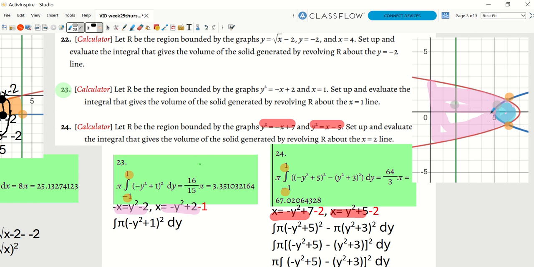Okay, when it comes to the blue graph, whether it's the blue function or the red function, you always have to subtract 2, which is the x value of the green line, to get the distance between the gray. Because we're interested in that distance in order to get the radius. And I misspoke earlier. I did the pink up until the y-axis. It should really be this pink right here.